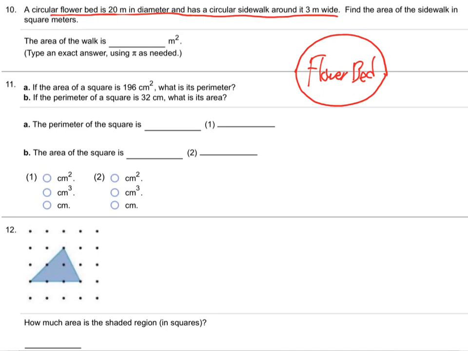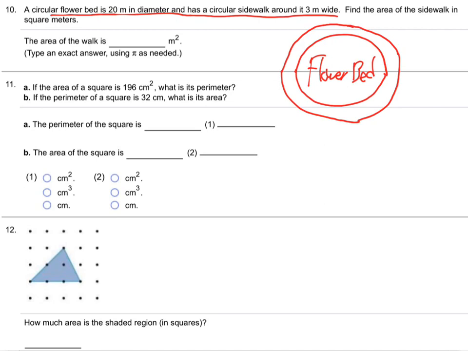But then around it, we've got like a cement walkway all the way around. I'm not drawing this so well, but all the way around the flower bed.